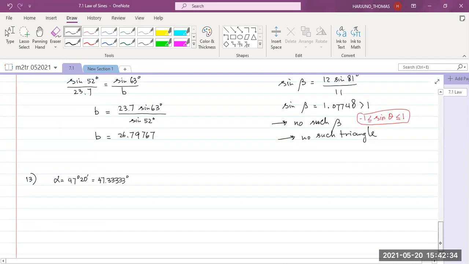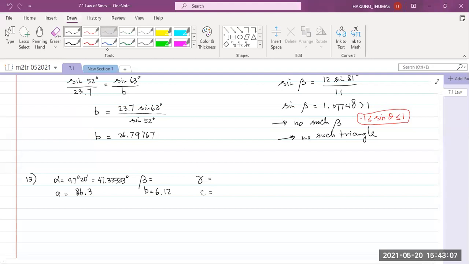And then side A is 130, oh, hold on, 86.3. And we have side B equals 6.12. Find angle beta, angle gamma, and then side C.